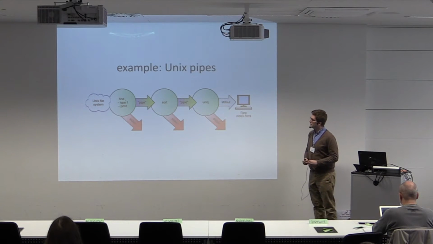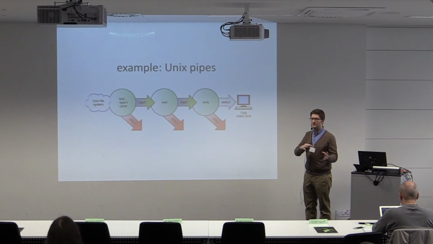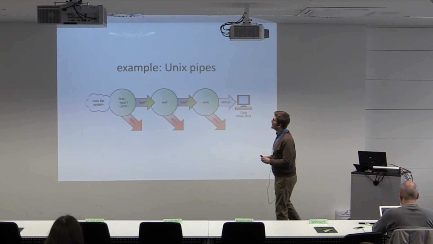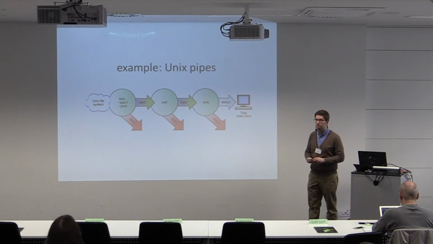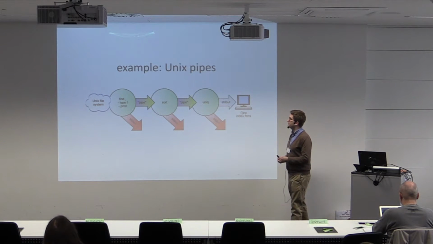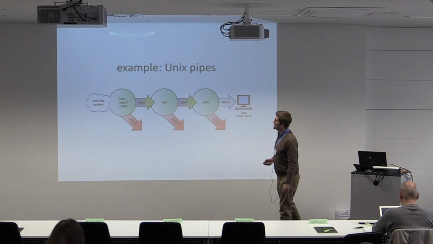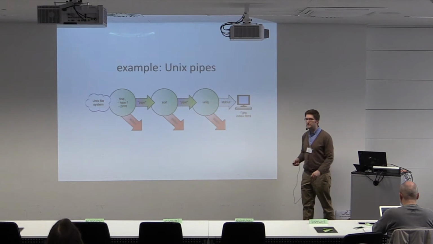And not only that, but they sort of run in parallel as well through some sort of green threading or whatever. And they can, when one of them blocks for some reason, one of the other processes can do some work and so on. This is very, very nice and has served the Unix people quite well.